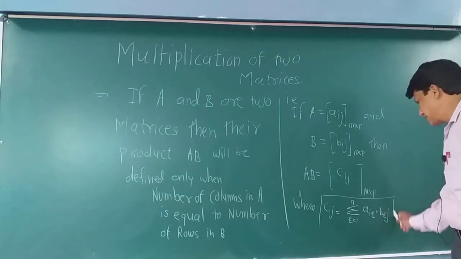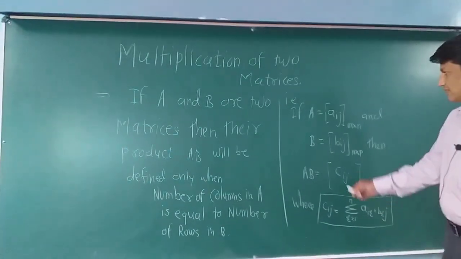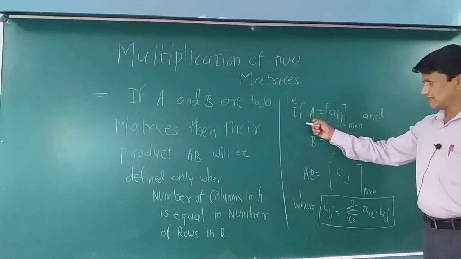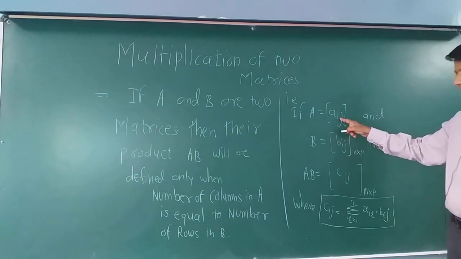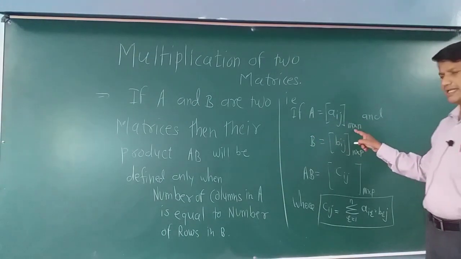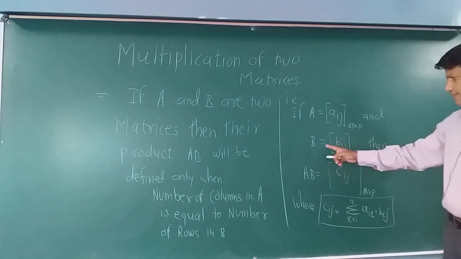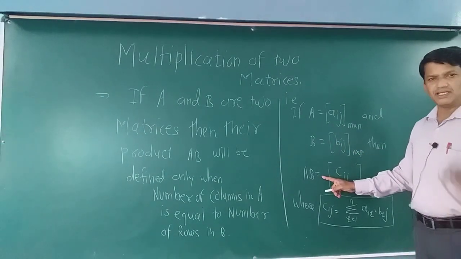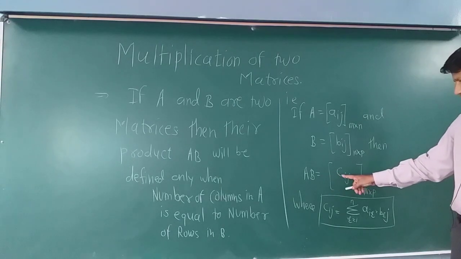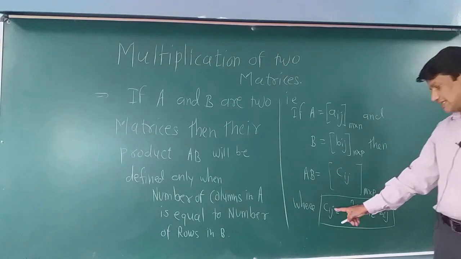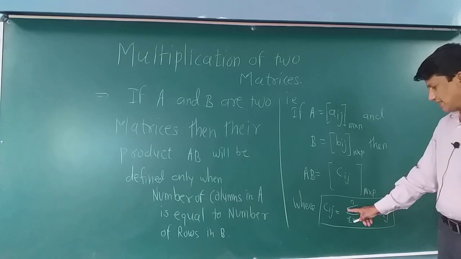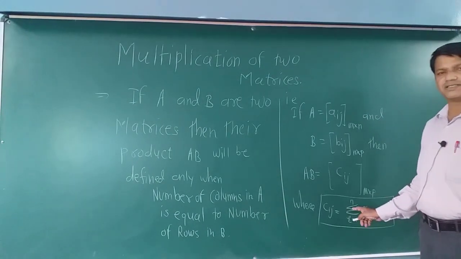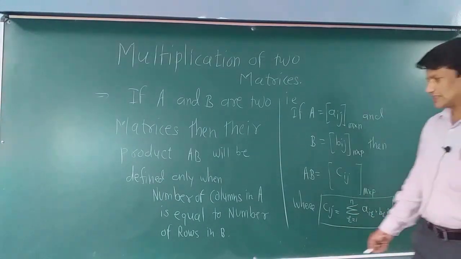Look at this condition, it is an important one. A equals aij, this matrix is given, with order m by n, and matrix B equals bij, with order n by p. Then the product AB is possible only when this condition holds. Here summation means multiply according to this rule.